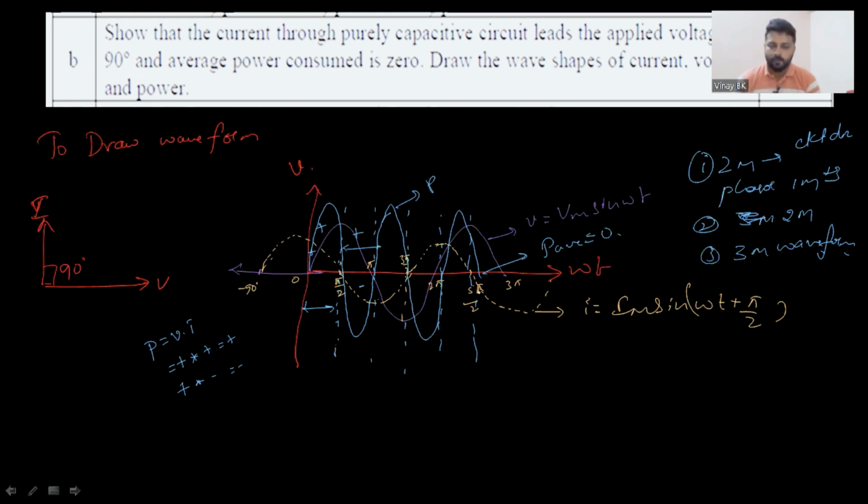So what all do you have to write? You have to write a circuit diagram, and first you need to write Q equals C into V, then I equals dQ by dt. Then you substitute the value of Q, you get d by dt of C into V. Then you substitute the value of V, you get d by dt of C into Vm sine omega t.